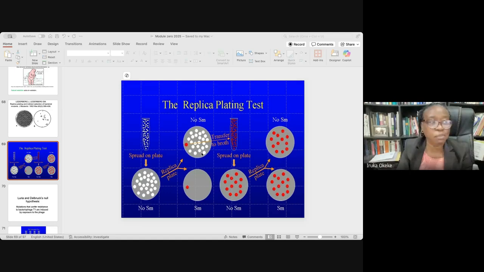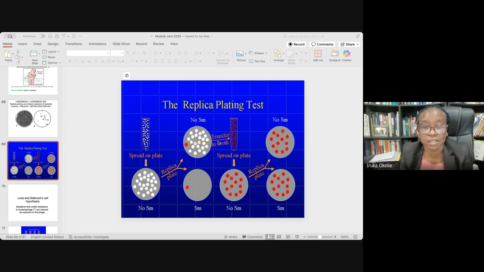So when we do that, we have two duplicate plates. The only difference between them is that one has streptomycin and one doesn't.